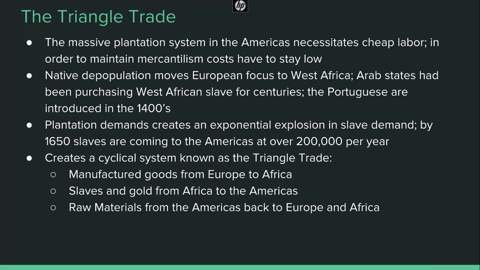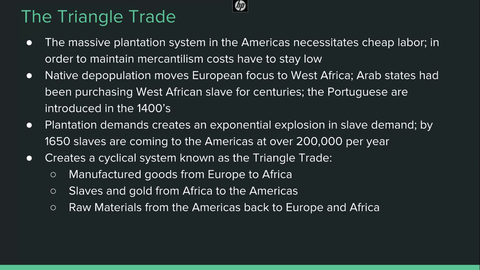Now, again, native depopulation moves Europeans' focus over to West Africa. Arab states had been purchasing West African slaves for hundreds of years, going back to the Silk Road. And the Portuguese are introduced to it in the 1400s as they are exploring the west coast of Africa to try to find their way to India.